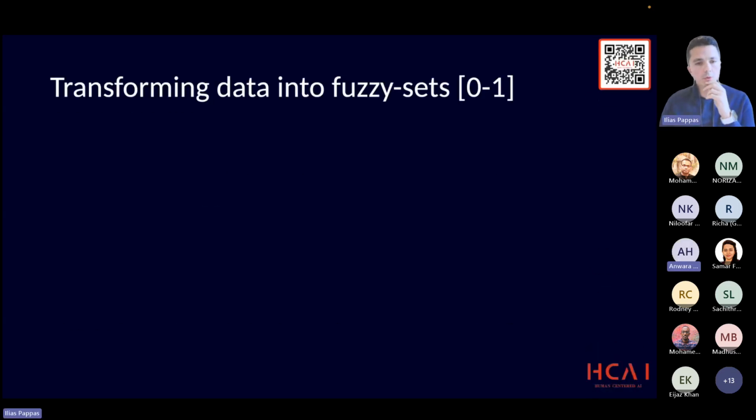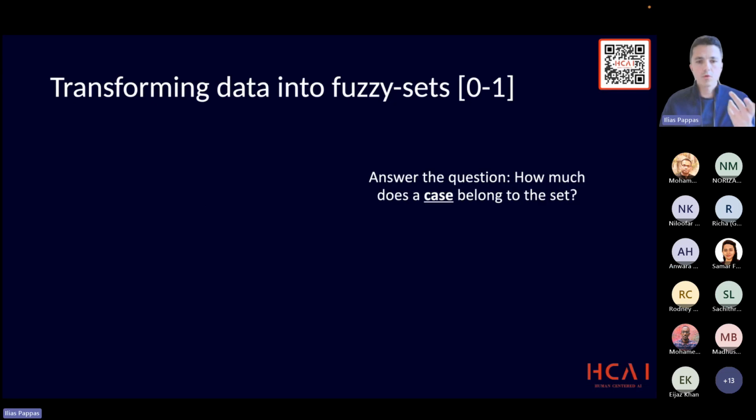So how do we do this? We try to answer the question, how much does a case belong to the set, the fuzzy set? What is the set? Let's say that a set is something that is measured on a Likert scale, for instance, a 1 to 7 Likert scale, and the classic outcome is behavioral intention, right?